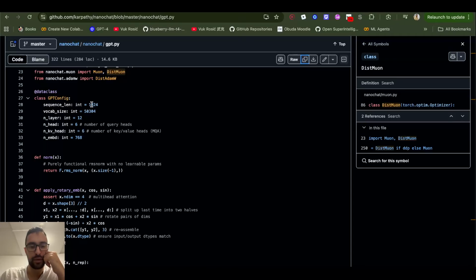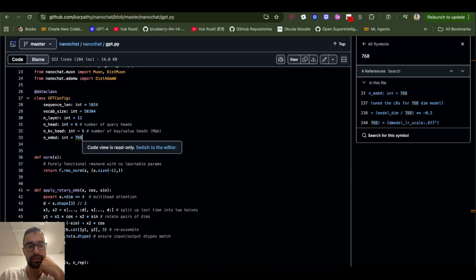Sequence length 1024, immediately interesting to me. Number of layers 12, okay, it's like a smaller model. 768 dimension, this is all interesting because I'm also trying to build these things, so seeing this configuration means I don't need to ablate so much. But he always says you want nice numbers like powers of 2, and this is not a power of 2, but it's still maybe divisible by a few powers of 2.